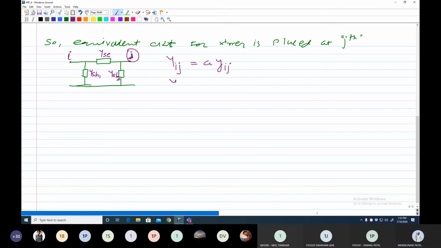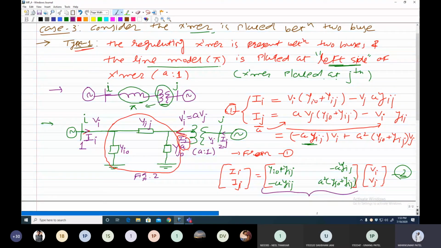Similarly, let me write down the equation for Yii. Again, I am considering the numbers 1 and 2. So what is the value of Y11? Yii means Y11. So from the matrix, what is the value of Y11?